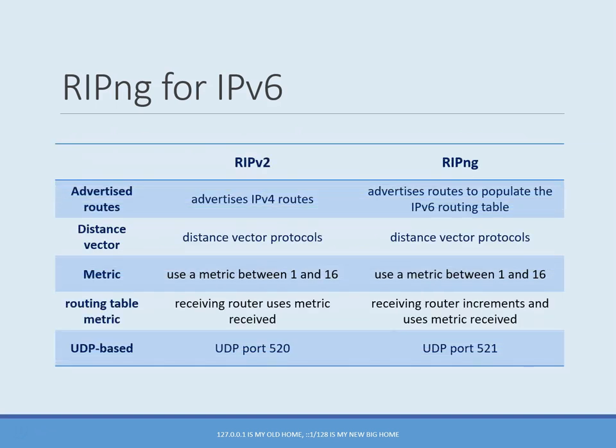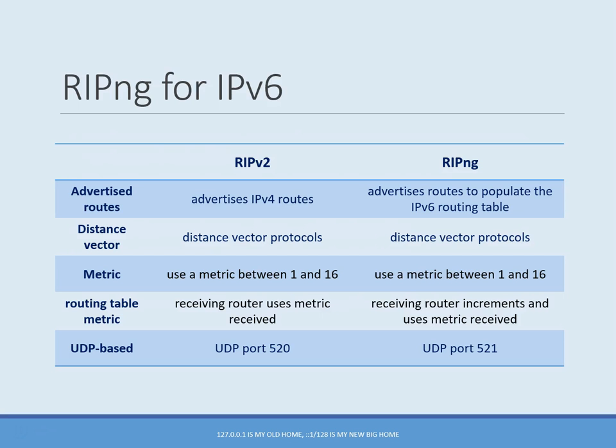Now we want to compare the RIPv4 with RIPng. As we say, RIPng is very similar to RIPv4 in both its operation and configuration. But there are some differences between these two protocols.